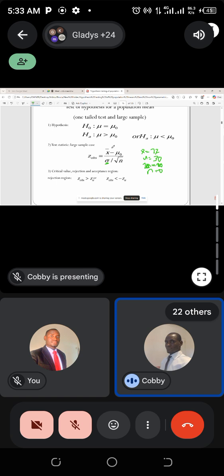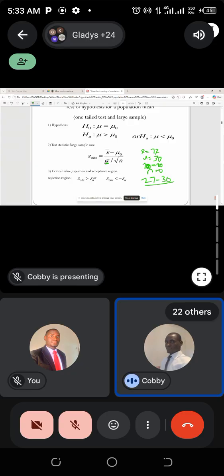So now let's do the calculation here. We are going to have 27 minus 30, divided by this one, which is the variance. To find the standard deviation, you have to square root 20. Are we together?